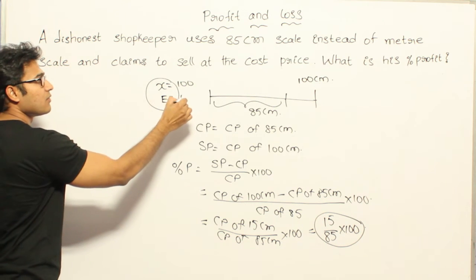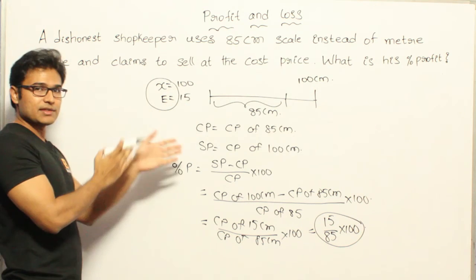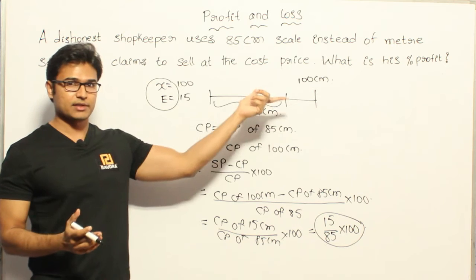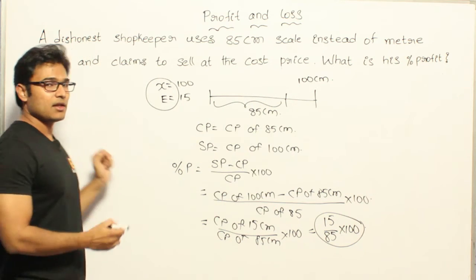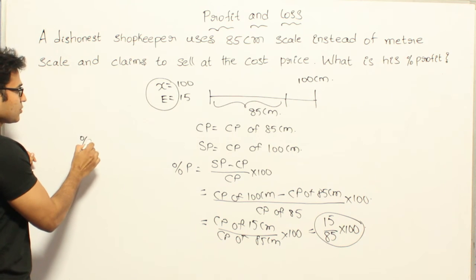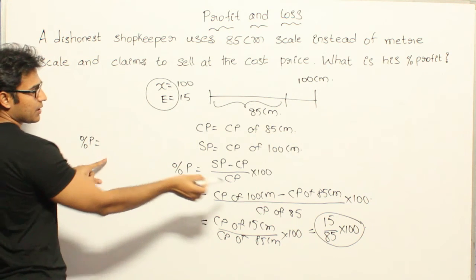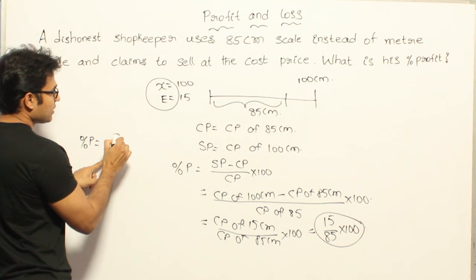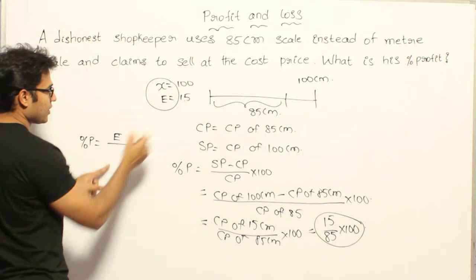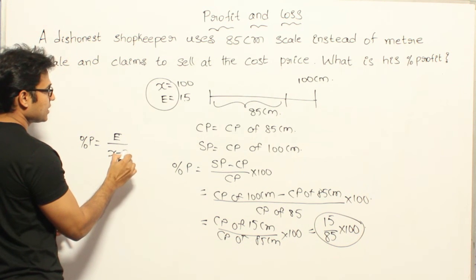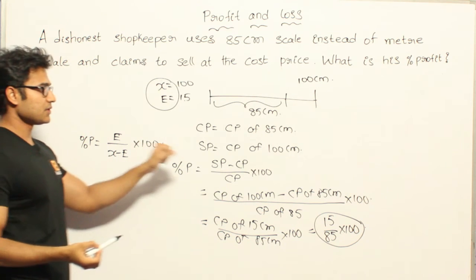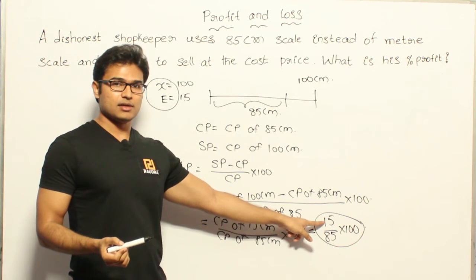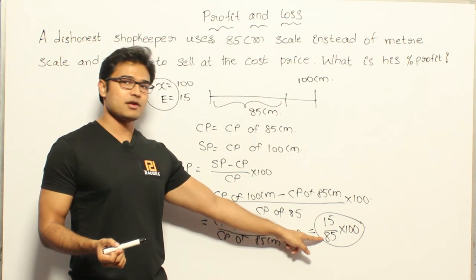What is the error here? 15. Error means how much less he is selling, claiming that he is selling x. Now you can observe that percentage profit is equal to e, the error, divided by x minus e, into 100. Check this: e is the error, divided by 100 minus e, into 100.